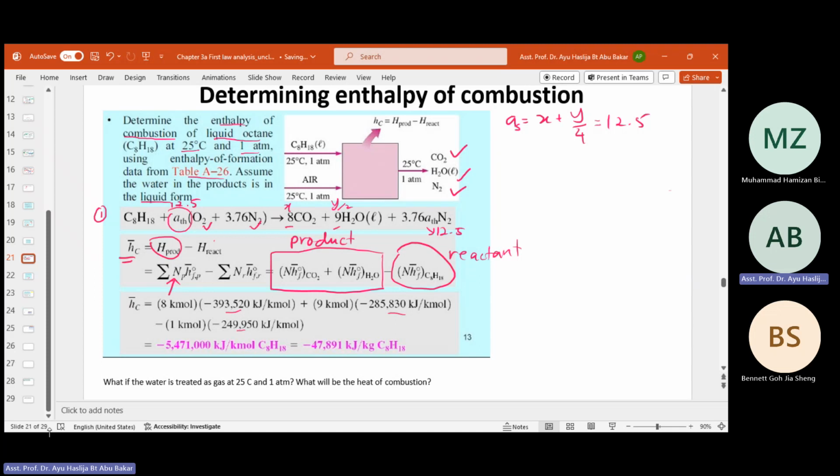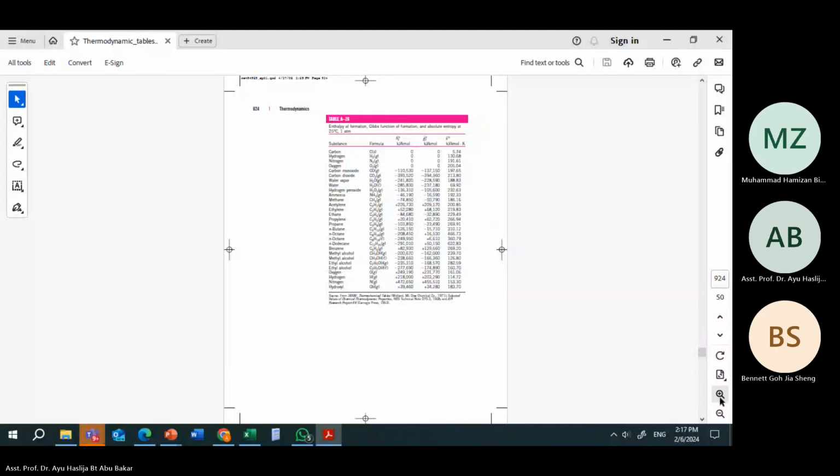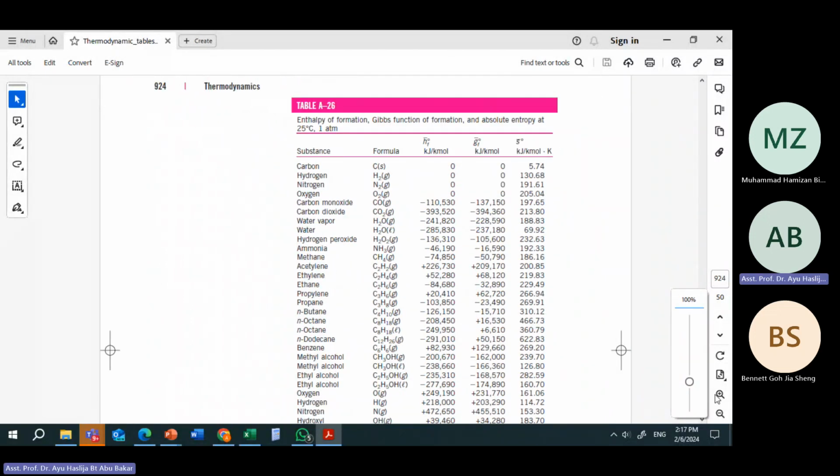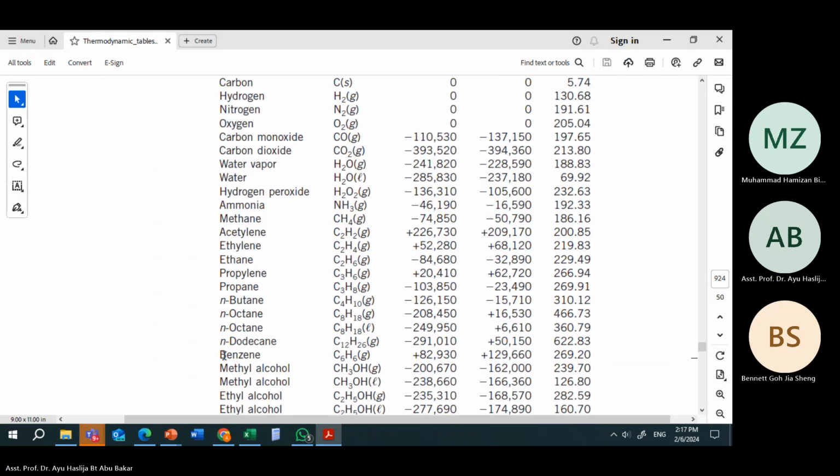Sekejap saya buka table. Jadi dia kata obtain liquid. So here kita ada 2 octane value.